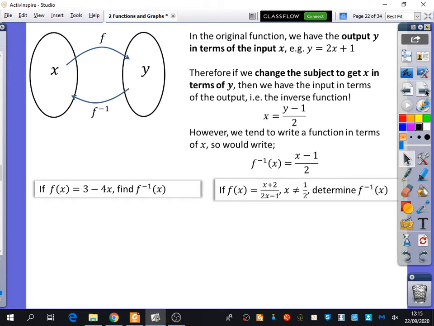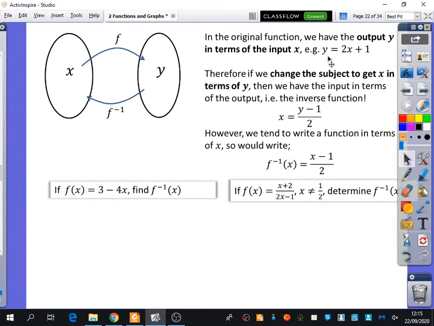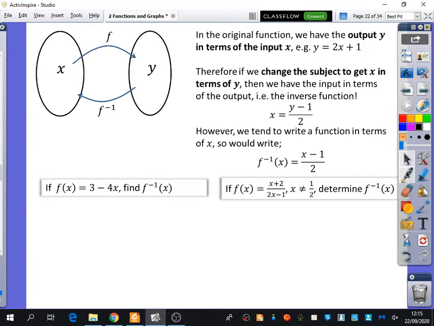And if we change the subject to get x in terms of y, then we would have the input in terms of the output, which is the inverse function. If you're trying to say what is the input when you know what the output is. So taking the original function and changing the subject to get x in terms of y, then you have the inverse function.